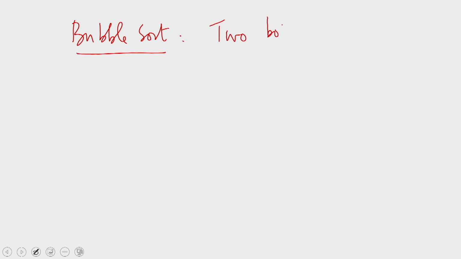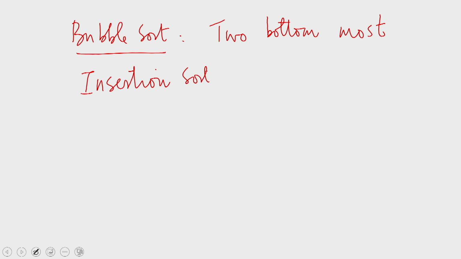For example, in the case of bubble sort, we compare the two bottommost elements. These are the two elements to be compared first, irrespective of the input. So, this is a fact that is hard coded in the algorithm. In the case of insertion sort, we would be comparing the two leftmost elements.